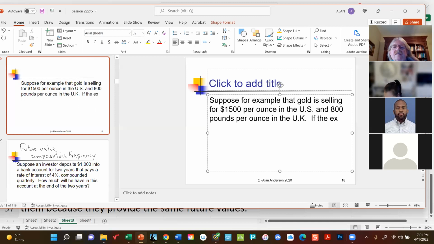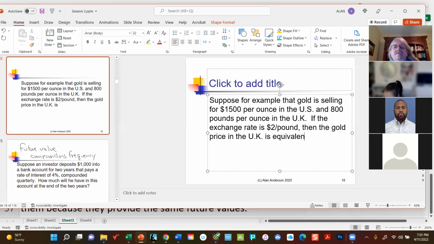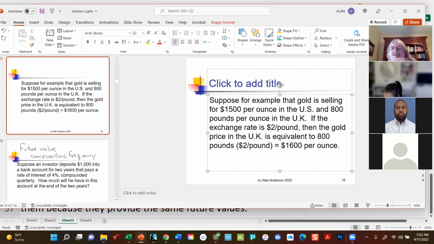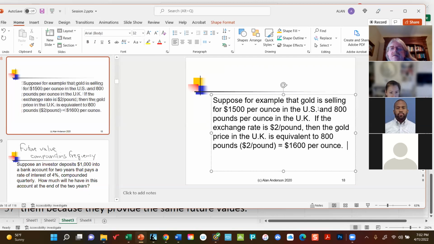If the exchange rate is $2 per pound, then the gold price in the UK is equivalent to $1,600 per ounce. So you see what the problem here is, that the gold is actually undervalued in the United States and it's overvalued in the UK. So as a smart investor, what would you do?